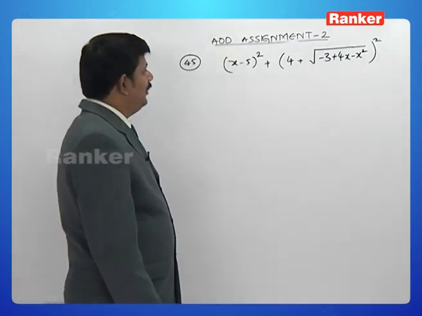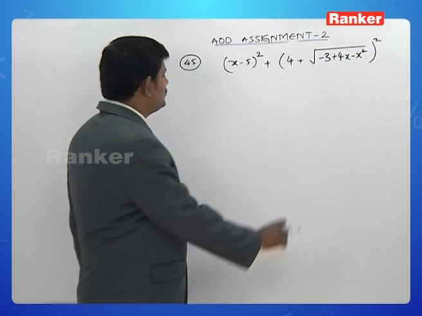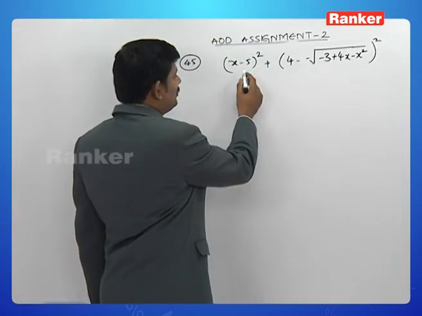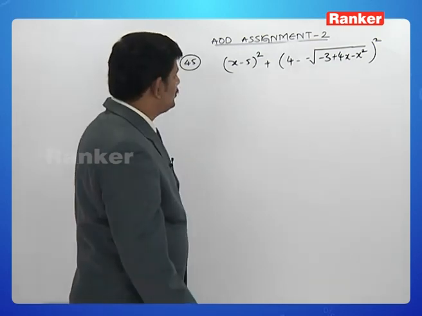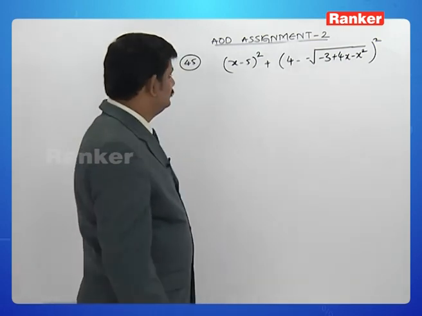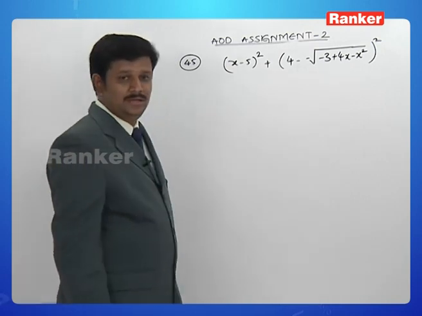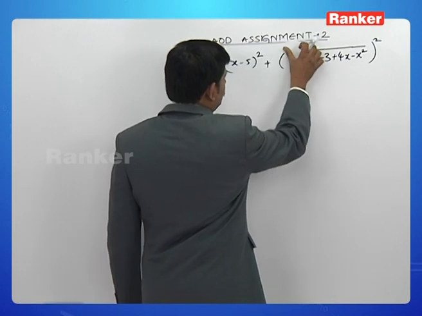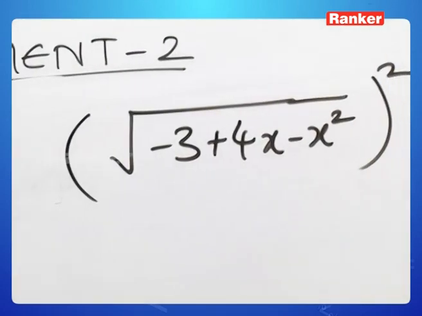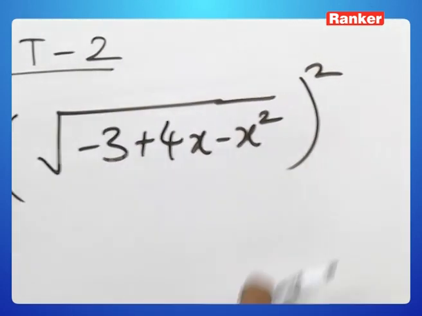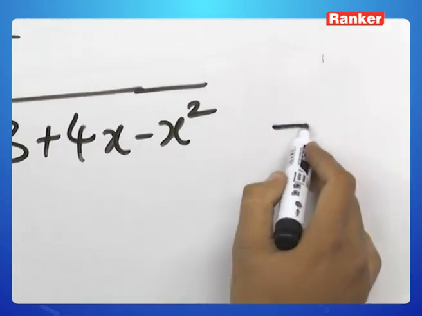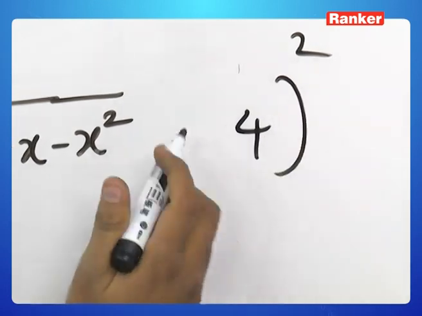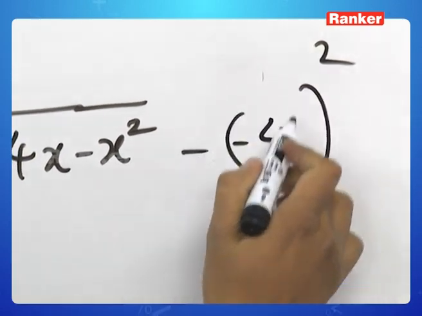Now, if we observe this, we can see it in the form x1 minus x2 whole square plus y1 minus y2 whole square. We can write this as root over minus 3 plus 4x minus x square, whole square, plus 4 whole square, and this 4 can be written as minus of minus 4.